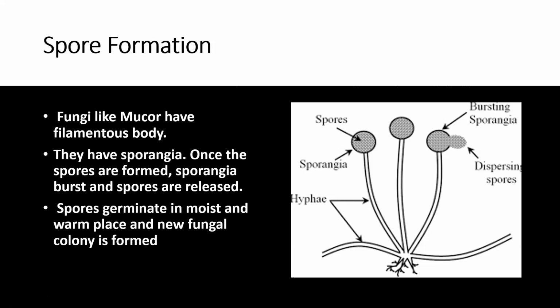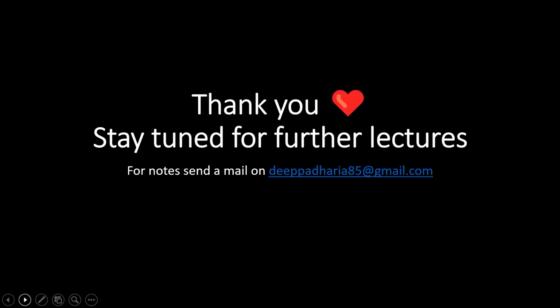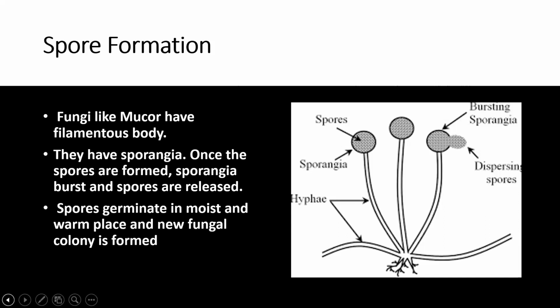Spores germinate in a moist and warm place, and with the help of those spores, a new fungal colony, that is a new organism or a new fungus, is formed.